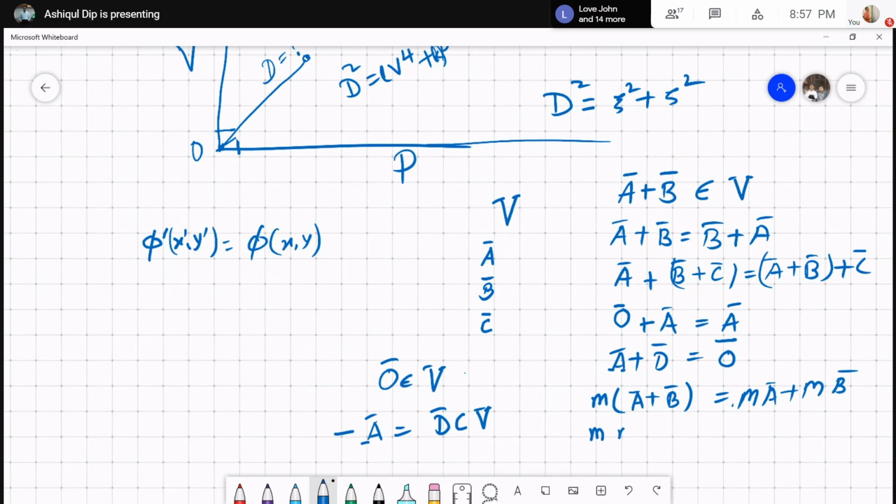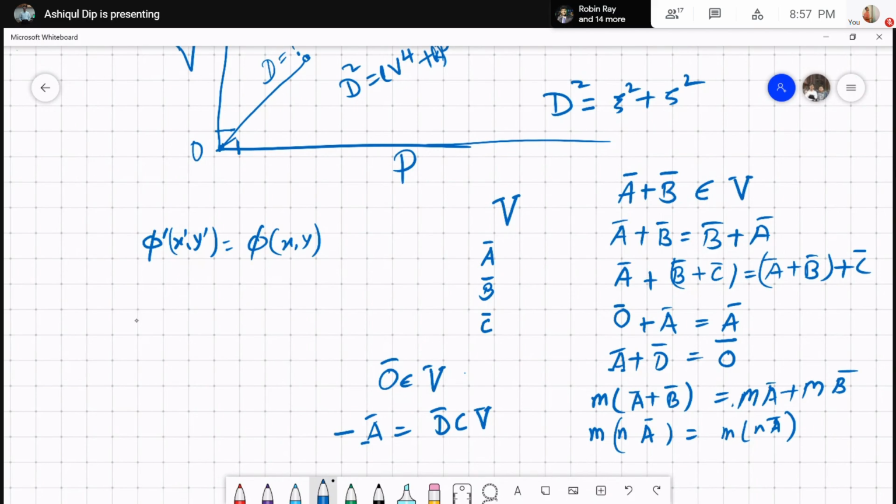The scalar identity of multiplication. This thing has to be satisfied. If you have only this thing, you can do any operation on the vector space.